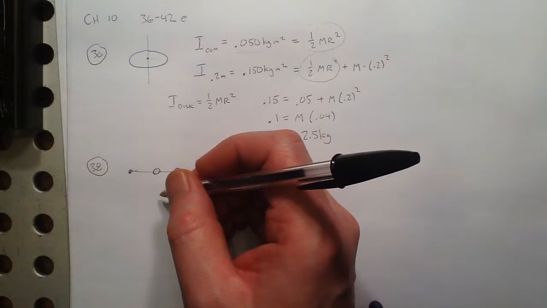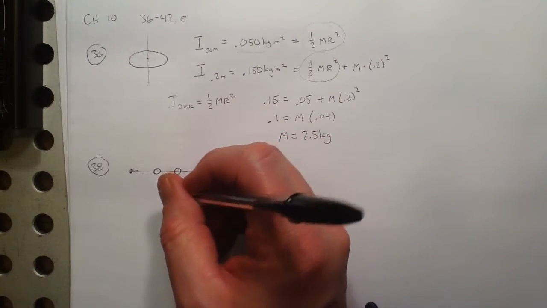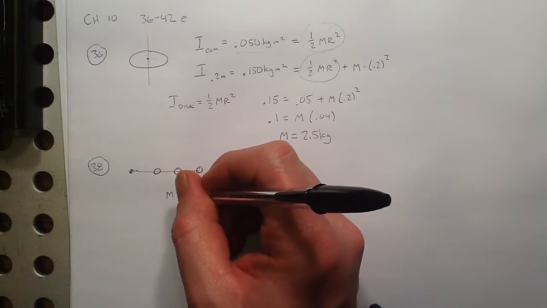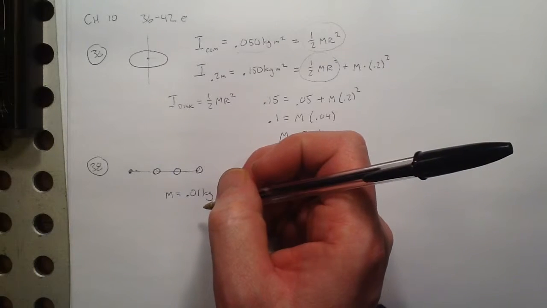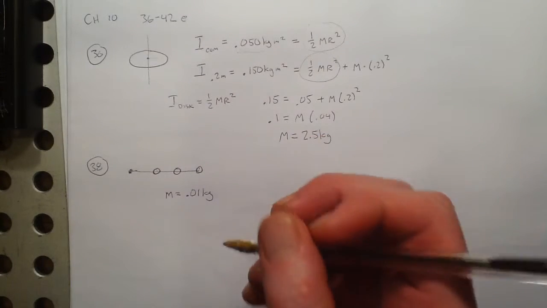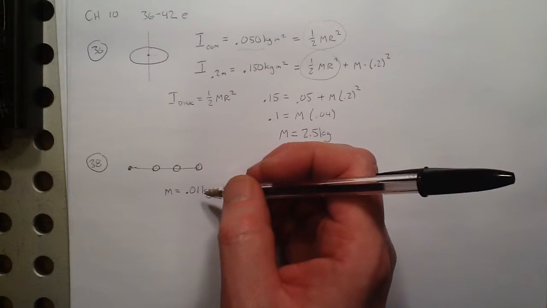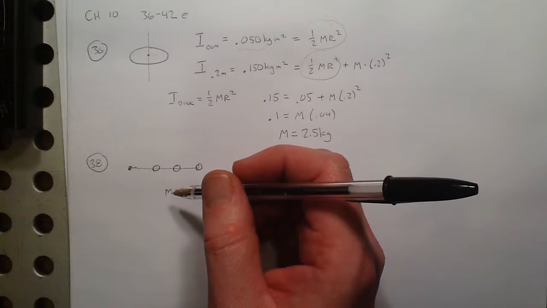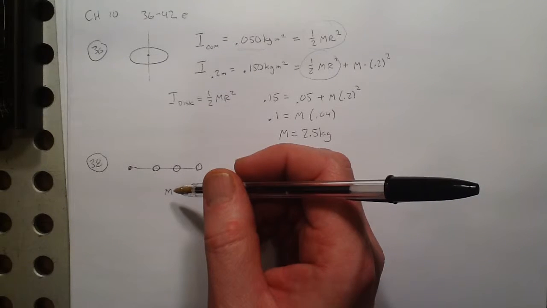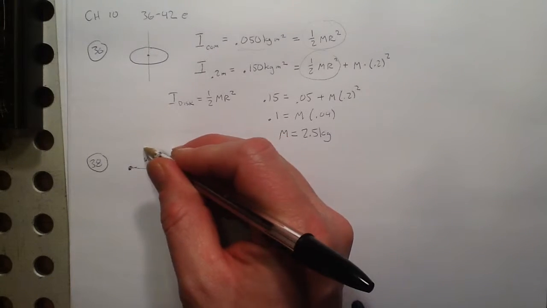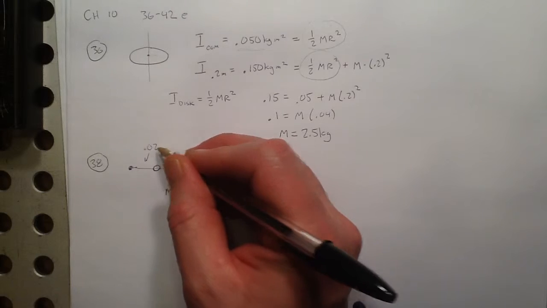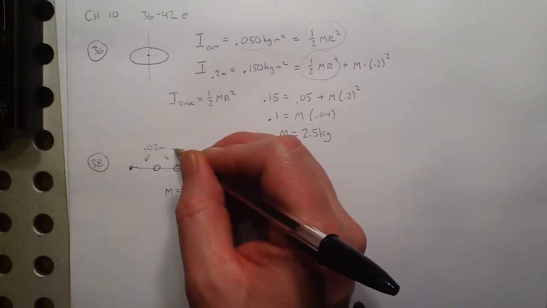And the mass of each one of these is 0.01 kilograms. And the length of the rod is 6 centimeters. And I think they are evenly spaced, right? Yes, those distances are all d, so this is 0.02 meters, and so is that, and so is that.